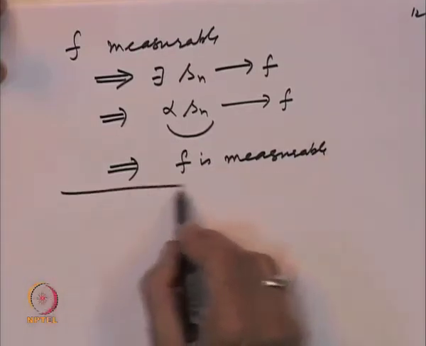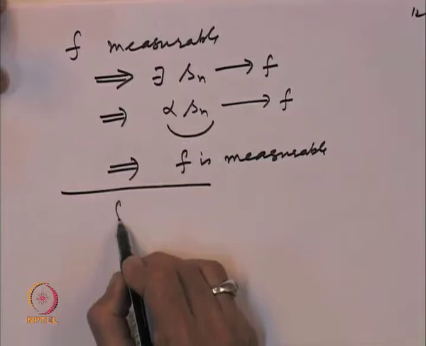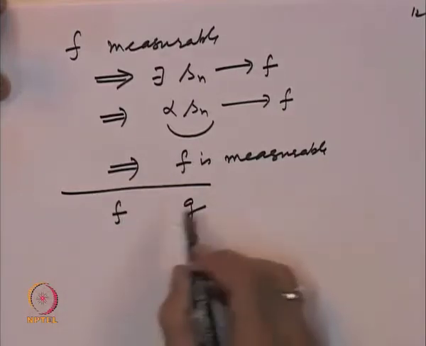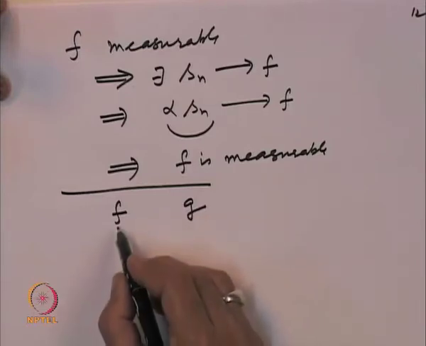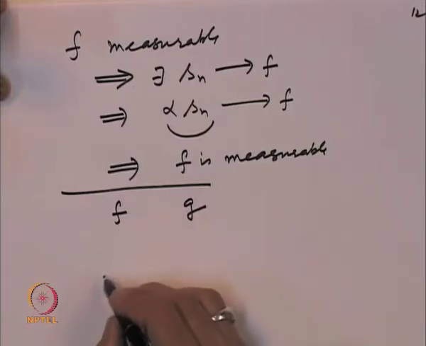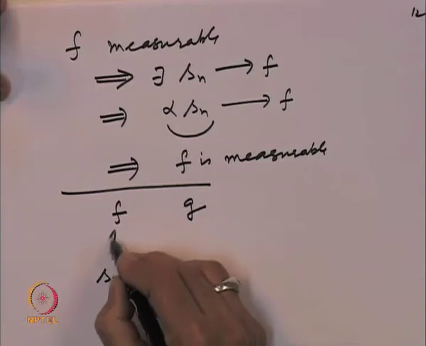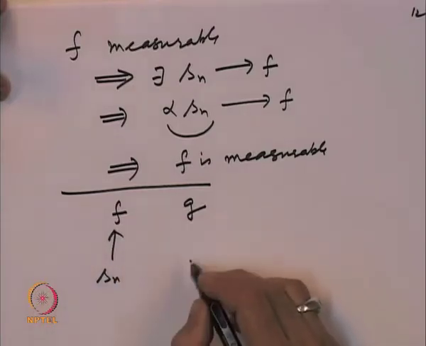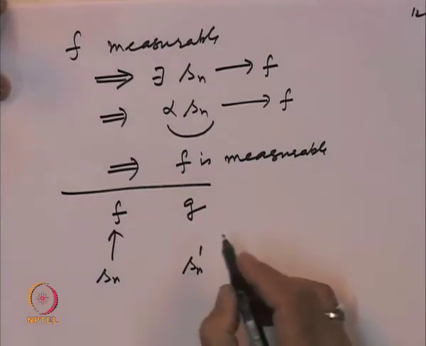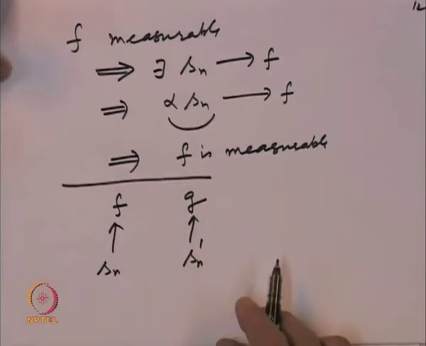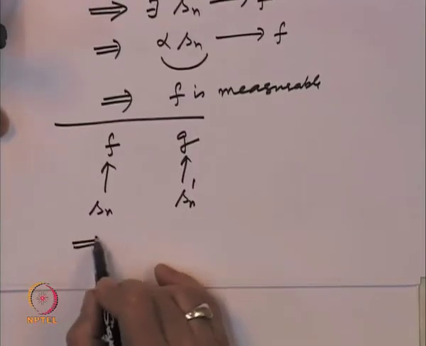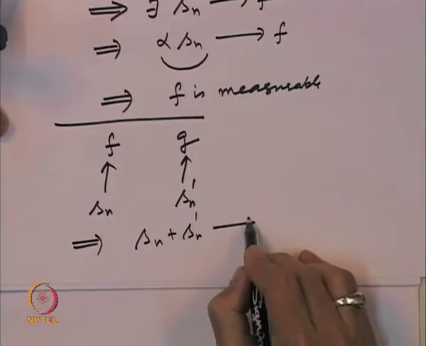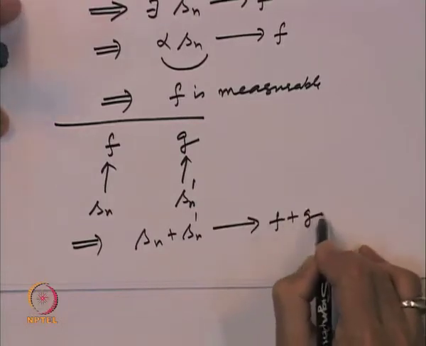And the same proof works for the sum of two functions. Let us say f and g are two measurable functions. We want to prove that f plus g is measurable. f measurable implies there is a sequence S n of simple measurable functions converging to it. g is measurable, so there is a sequence S n dash of simple measurable functions converging to it. That implies that S n plus S n dash converges to f plus g.